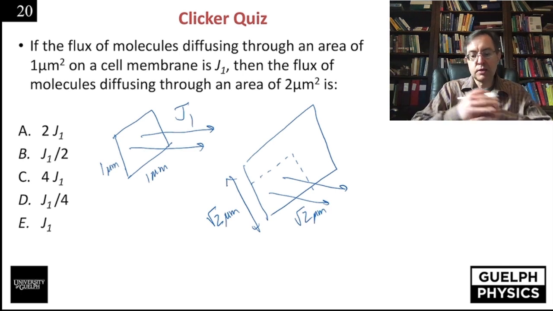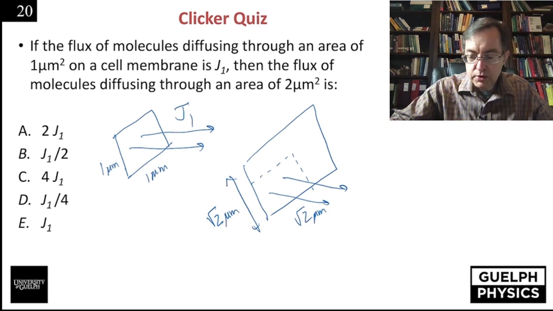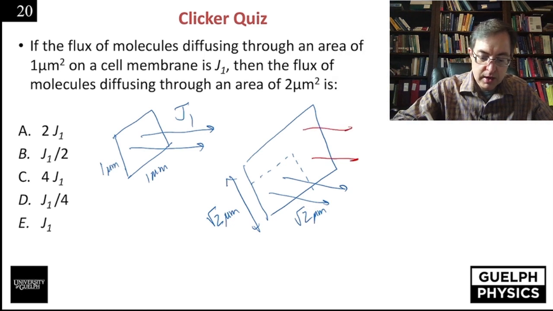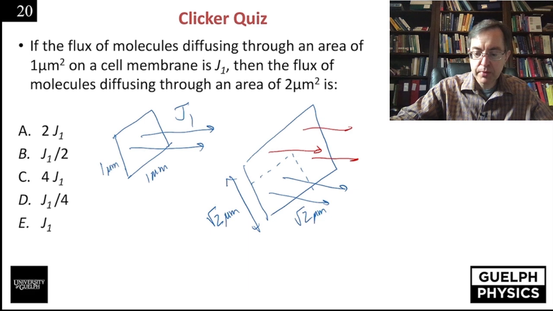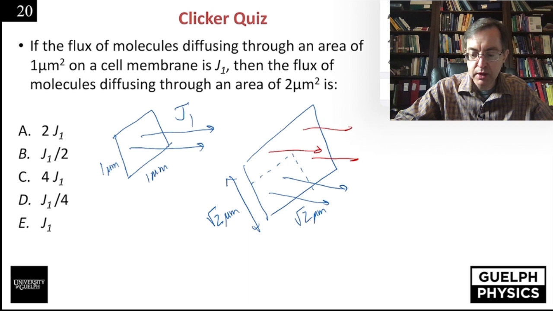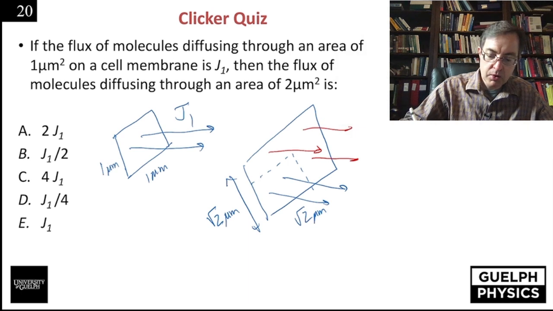And so the area is larger, but not only is the area larger, the number of particles passing through is larger. So you get two things.